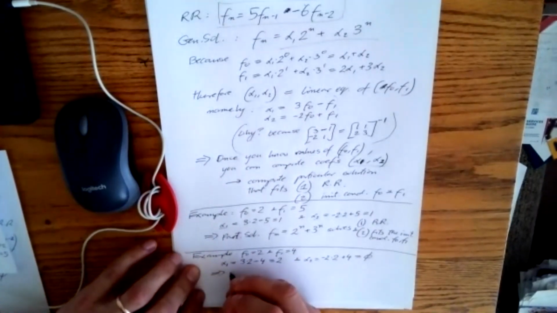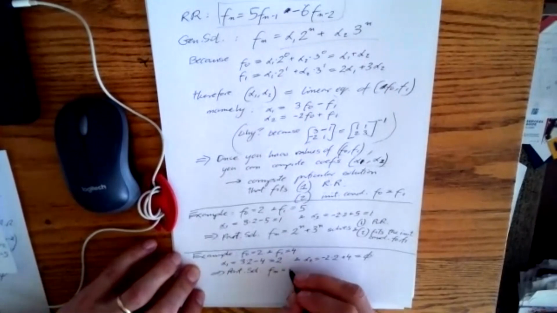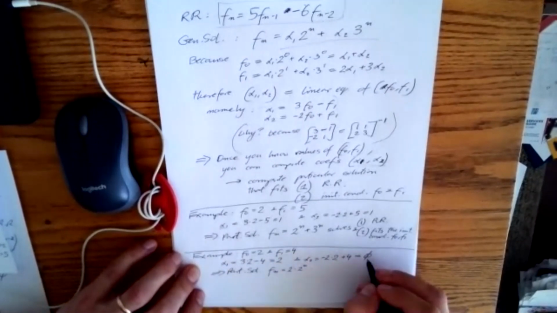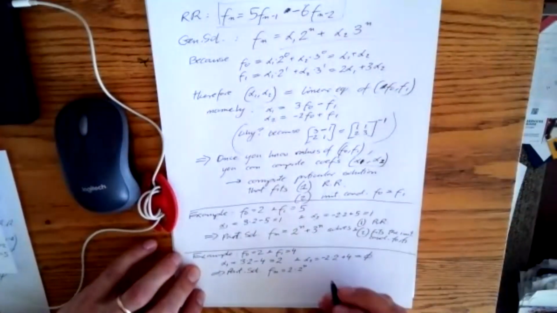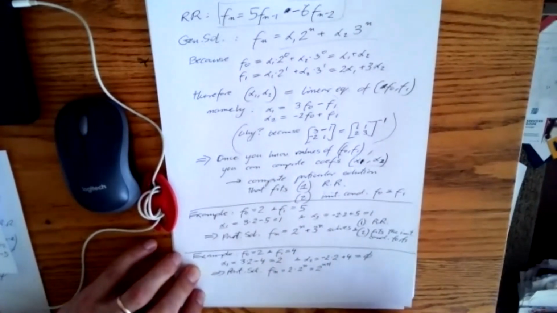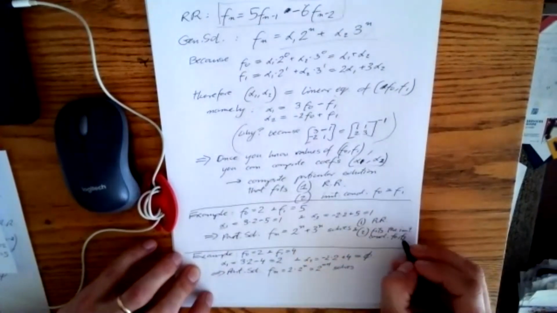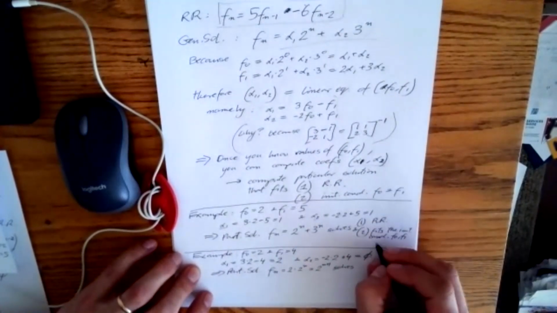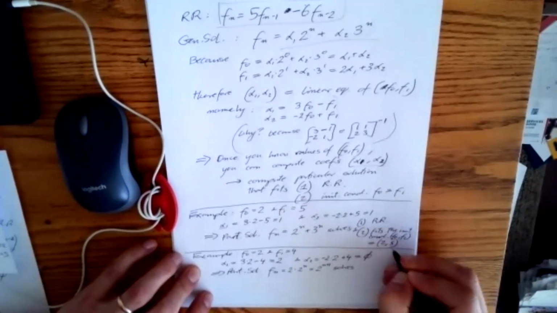So the particular solution that is Fn, which is just 2 times 2 to the n plus 0 times 3 to the n. So this is 2 to the n plus 1. Solves these particular conditions, which were F0, F1 equal to 2 and 5?